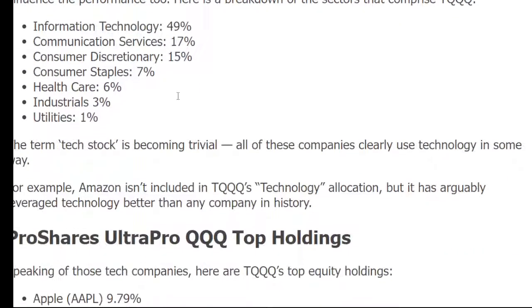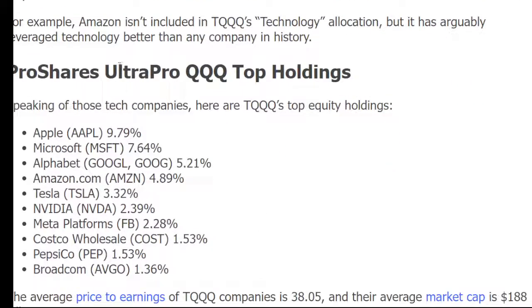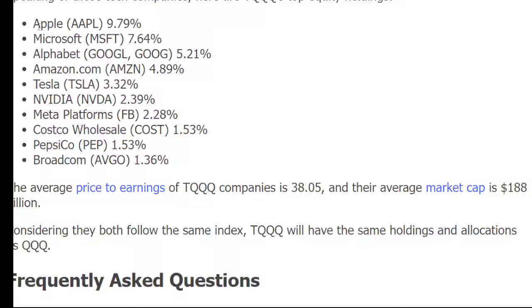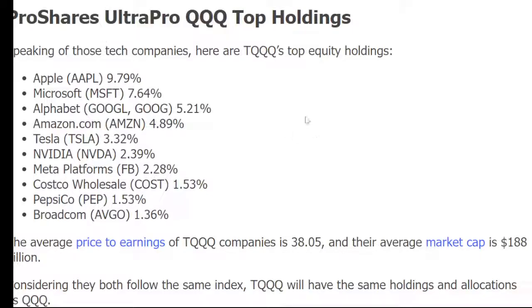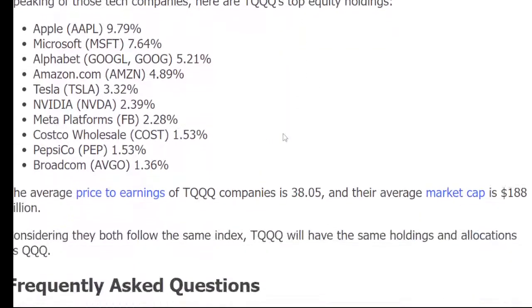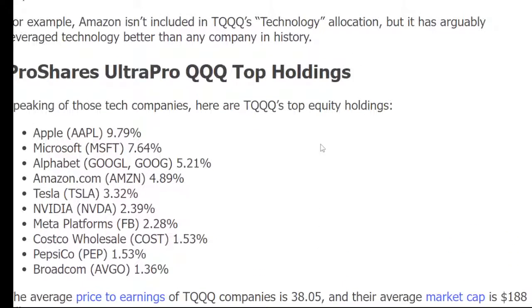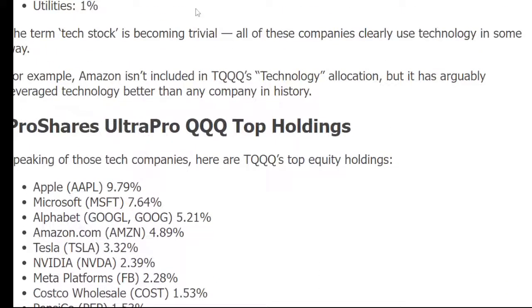It's called the Ultra Pro QQQ, and its top holdings are Apple, Microsoft, Google, Amazon, etc. So we now have a little bit of information about this TQQQ.